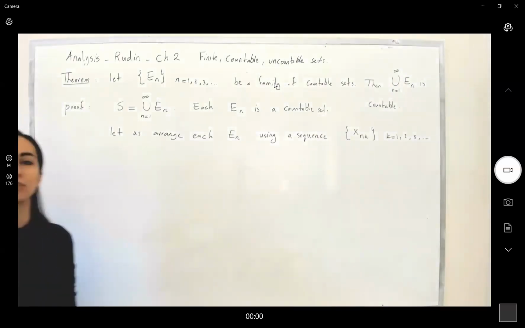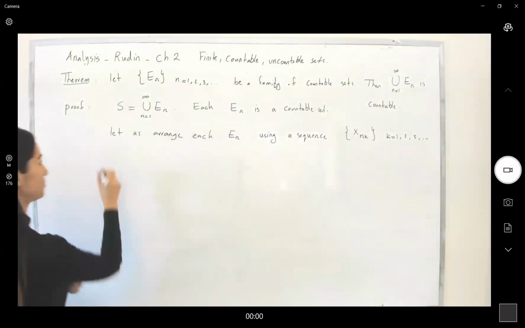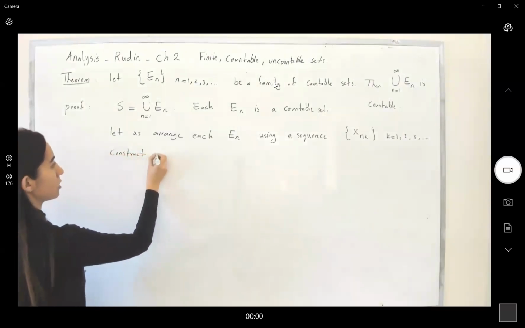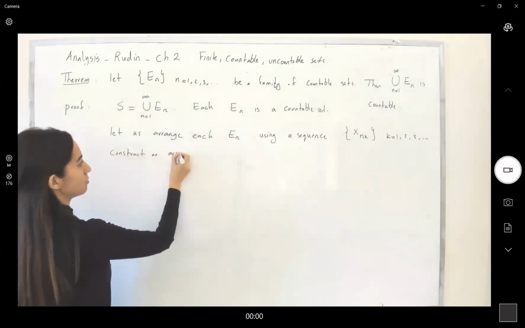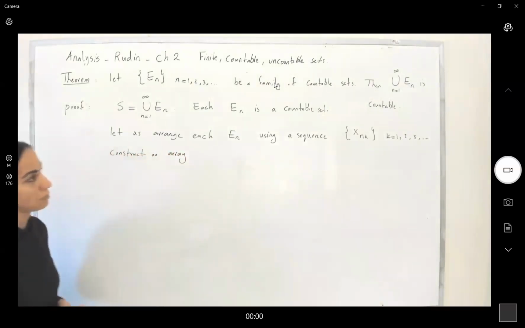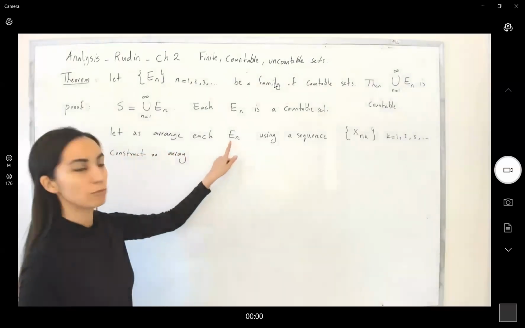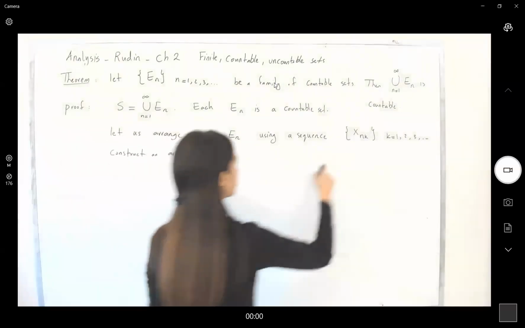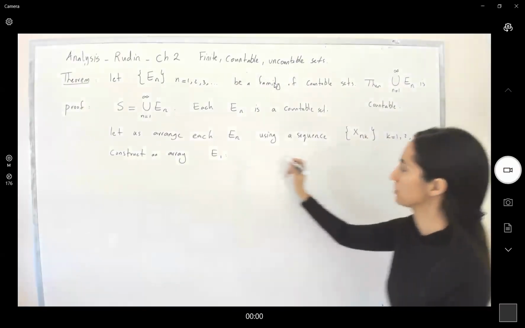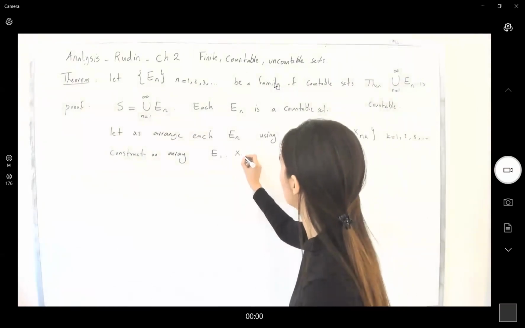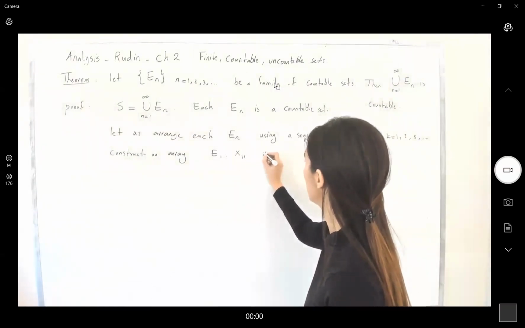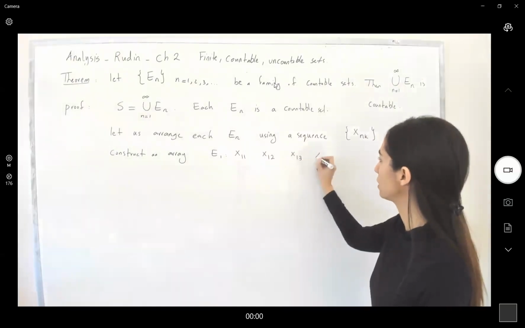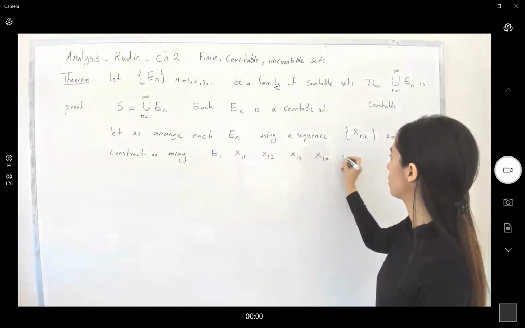And then we're going to construct an array. So for E sub 1, we're going to have the first row, which is x sub 1,1, x sub 1,2, x sub 1,3, x sub 1,4, and the rest of them.